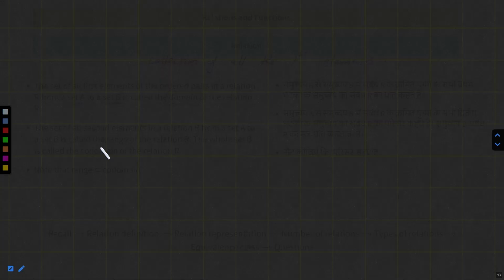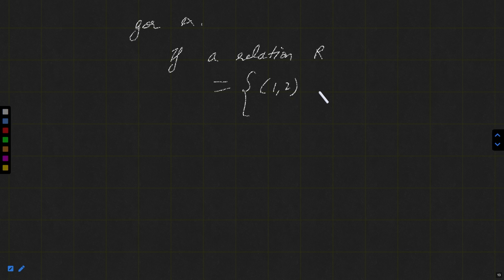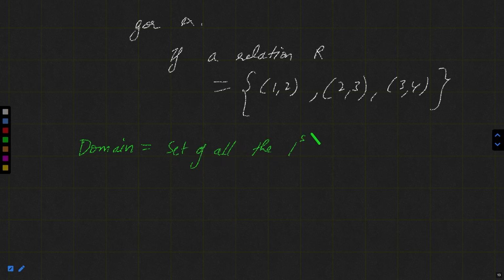What does this mean? For example, if a relation R is equal to {(1, 2), (2, 3), (3, 4)}, that's it, then domain will be the set of all the first elements in a pair.